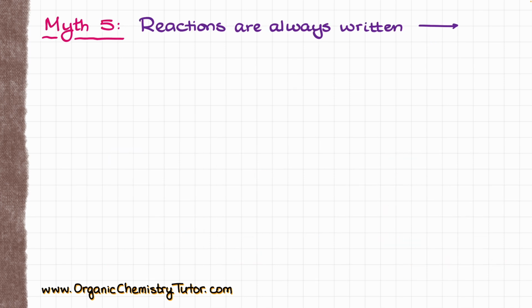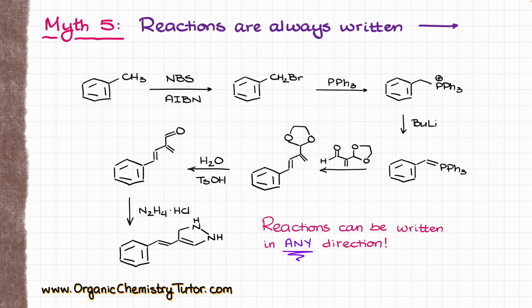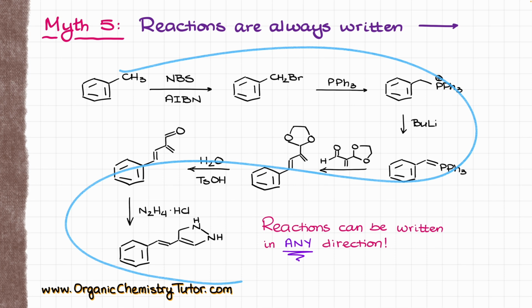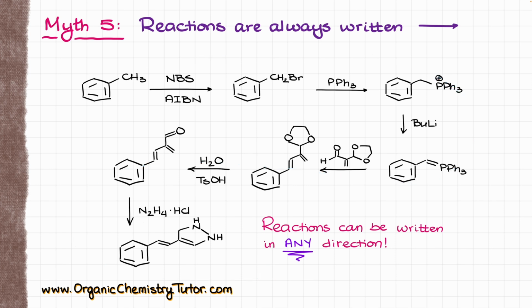And finally, it's a small misconception, but I have seen it quite a few times, is that reactions are always written left to right. Well, that is simply not true for organic chemistry, because in organic chemistry, we often end up zigzagging our reactions. We have the flow of the reaction going all over the place. So you're going to end up with reactions going left to right, or up-down, or right to left, or in any other imaginable direction.